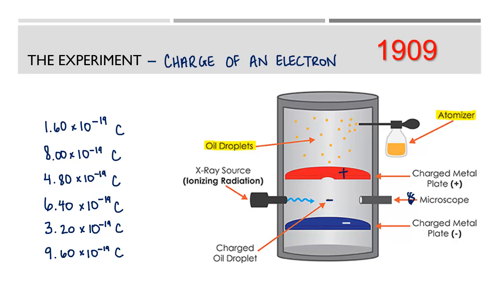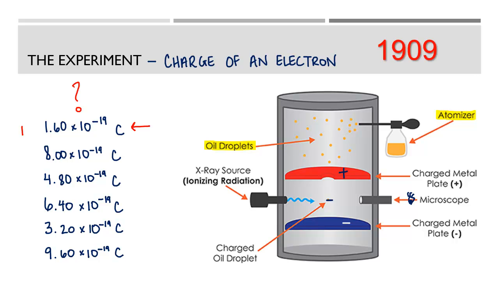The commonality with these 6 numbers is they are all perfectly divisible by 1.60 times 10 to the negative 19th. Remember, Millikan did not know how many electrons jumped onto the oil droplet. All he knew is he needed a different amount of electricity to make each of those oil droplets hover.